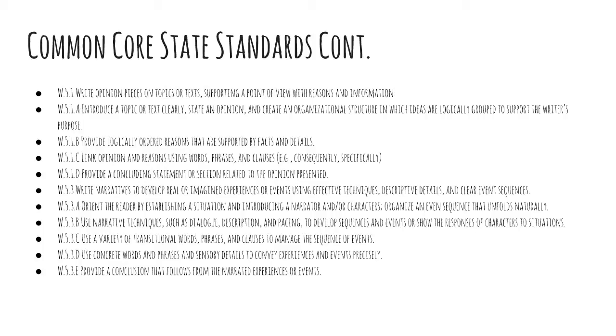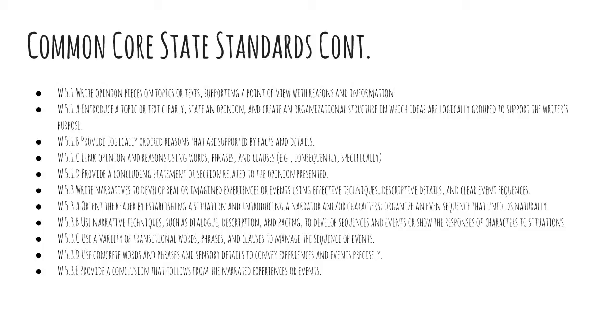Writing standard 5.3, write narratives to develop real or imagined experiences or events. 5.3a, orient the reader by establishing a situation and introducing a narrator and/or characters. 5.3b, use narrative techniques such as dialogue, description, and pacing to develop sequences and events or show the response of characters to a situation.